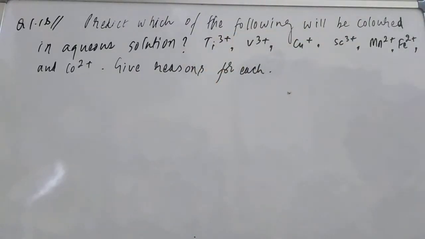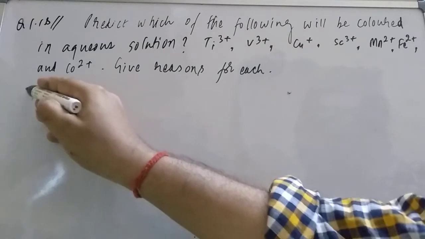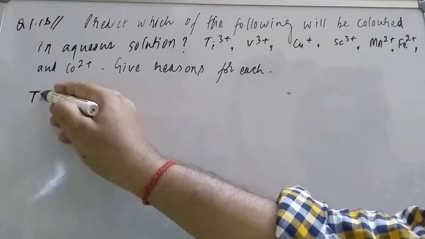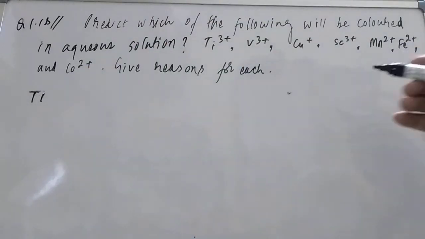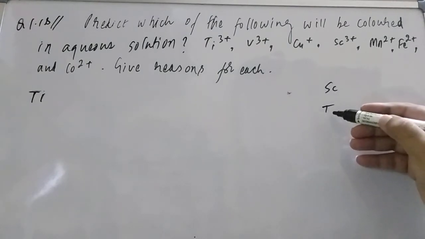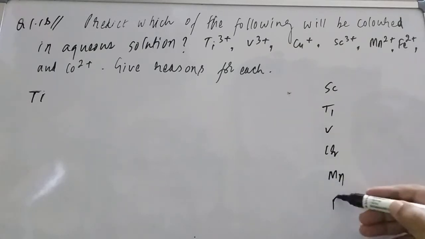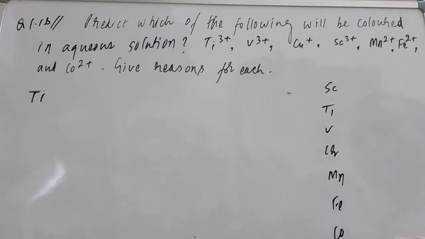The very first option they have given is titanium. When you are talking about atomic numbers: scandium, titanium, vanadium, chromium, manganese, iron, cobalt, nickel, copper and zinc.